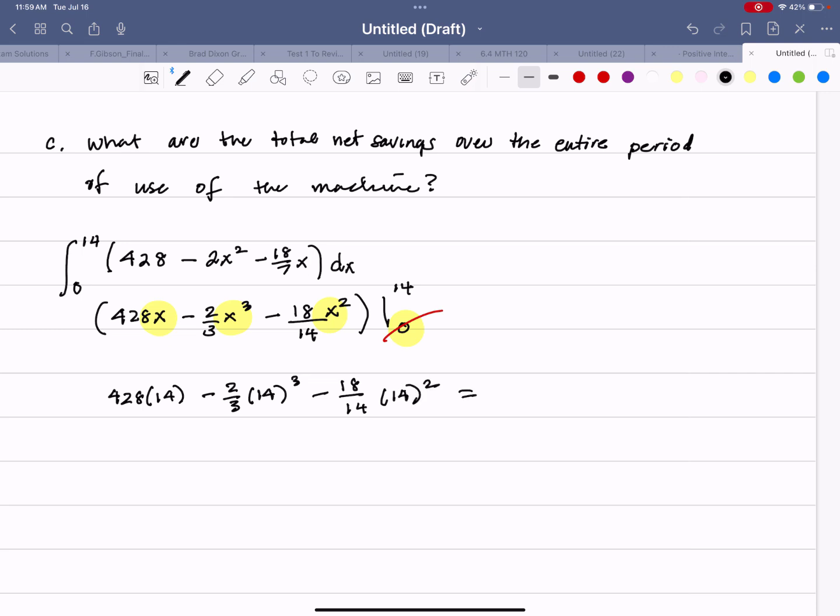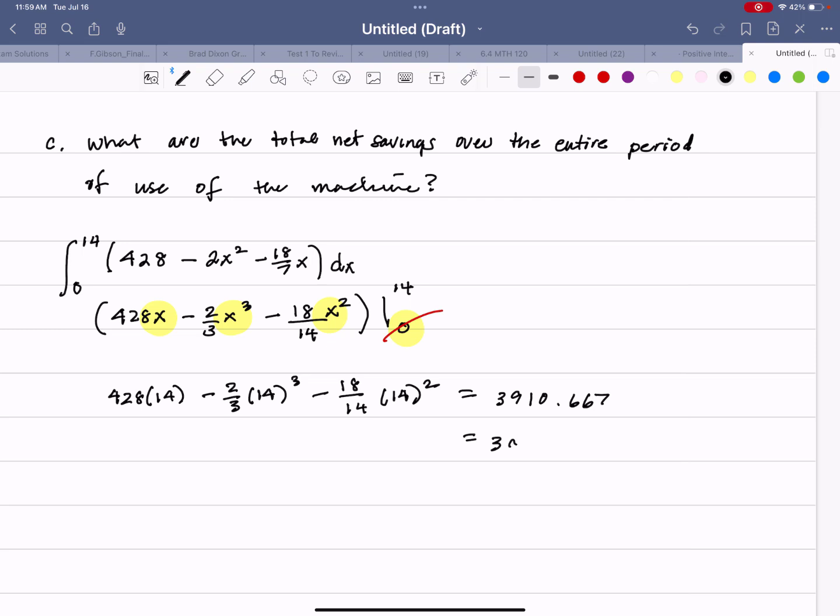And again, I'm just going to do the entire thing on my calculator. So I get 428 parentheses 14 minus 2 fraction key 3 parentheses 14 raised to the third power minus 18 fraction key 14 parentheses 14 squared, and I get 3910.667.